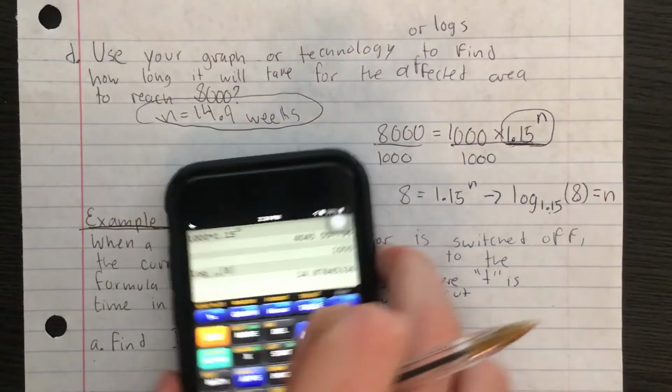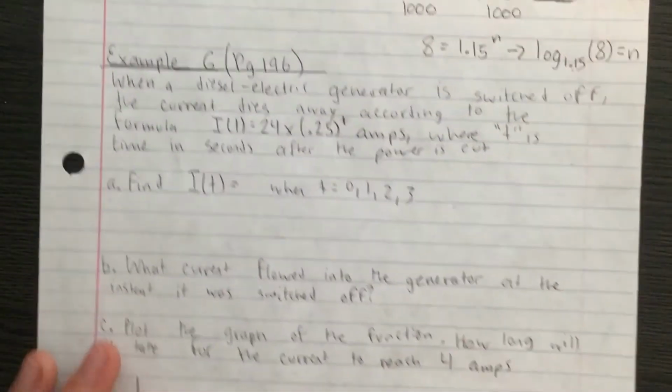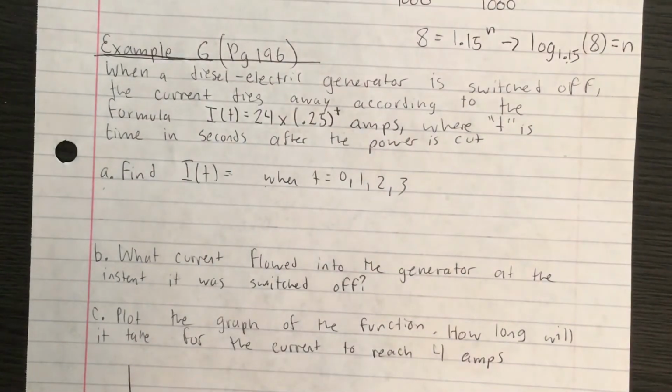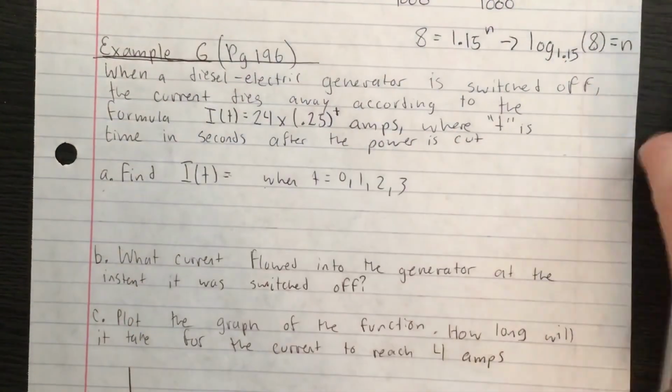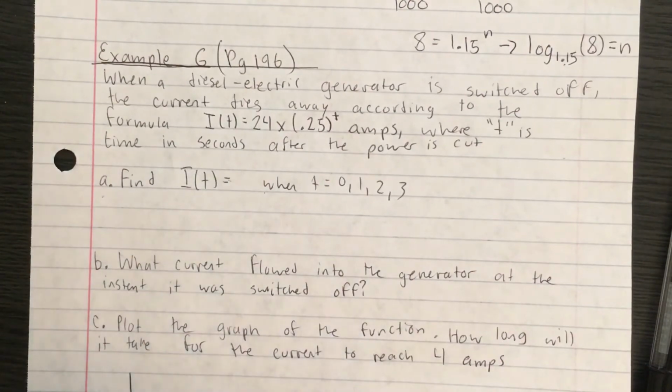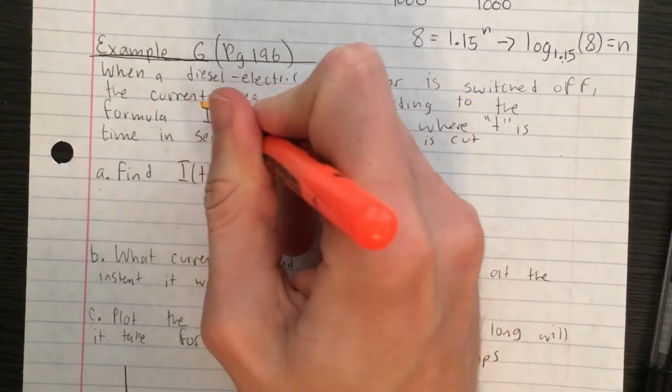So then our last example today, we're going to look at example 6 on page 196. And we've got a diesel electric generator being switched off. And as it's switched off, the current dies away. So it stops putting out current according to this model right here.